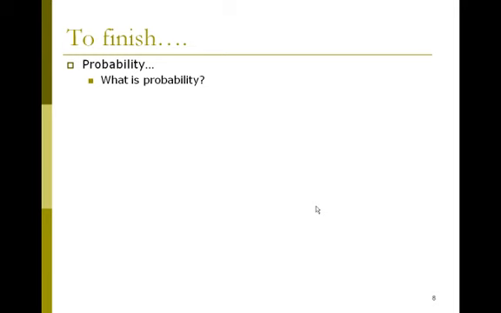So to finish, what is probability? Probability is the likelihood that an event will happen. And within probability there are two rules that we have looked at. First of all, we have the and rule, and secondly, we have the or rule.